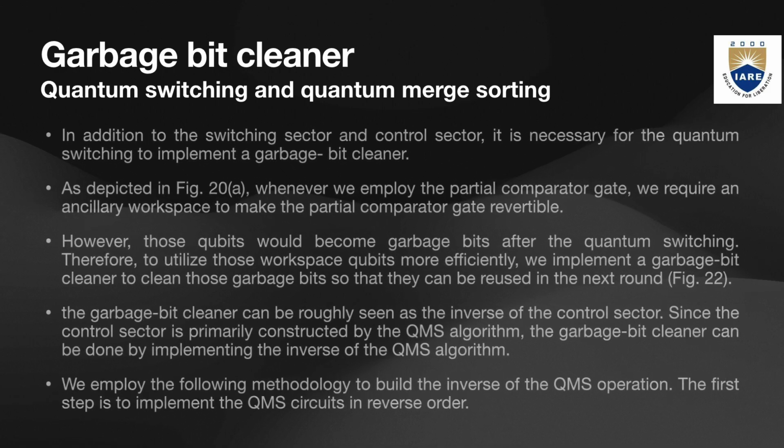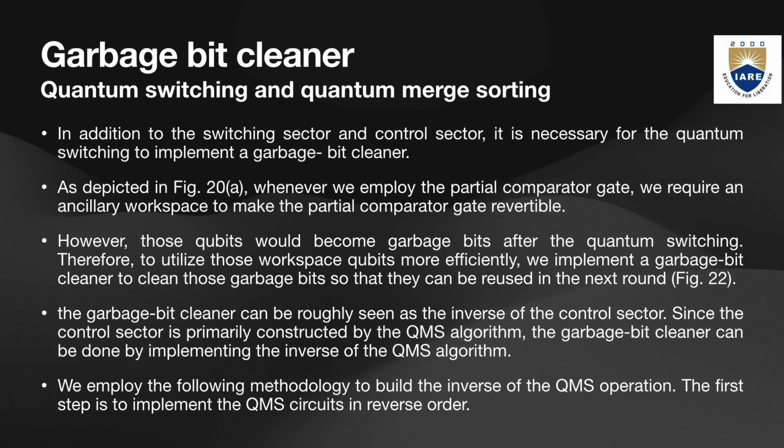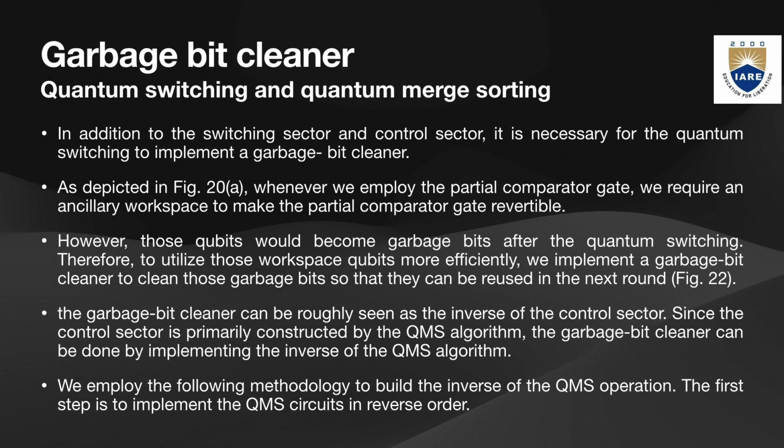So now let's talk about the garbage bit cleaner. In addition to the switching sector and control sector, it is necessary for the quantum switching to implement a garbage bit cleaner. As depicted in figure 20, whenever we employ the partial comparator gate, we require an ancillary workspace to make the partial comparator gate reversible.